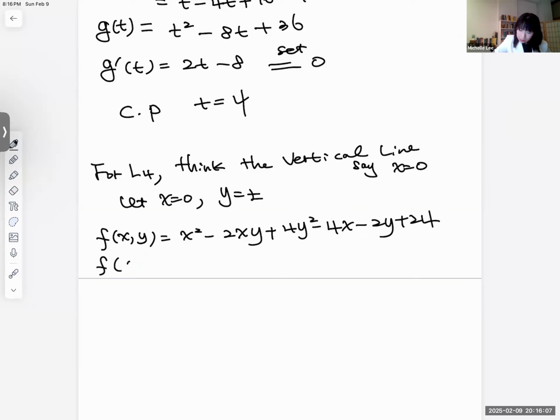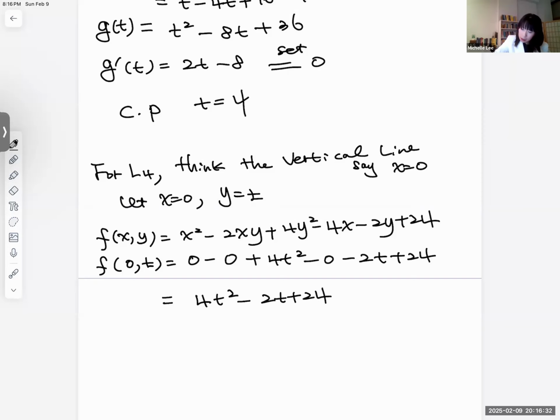So f of 0, t, which is 0 minus 0, 4t squared minus 0 minus 2t plus 24, right? Okay, then we get 4t squared minus 2t plus 24.